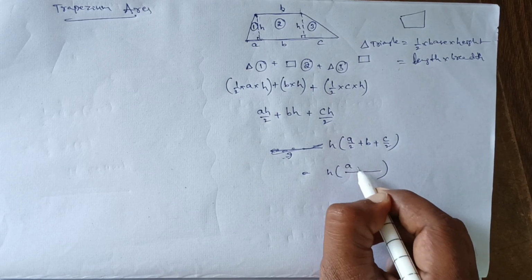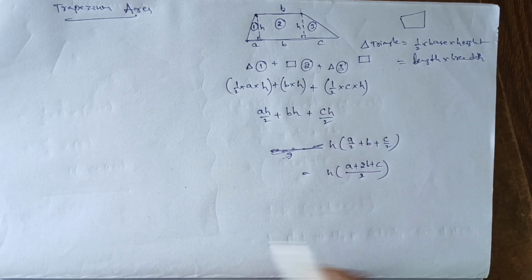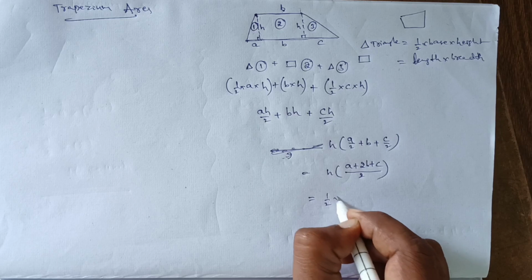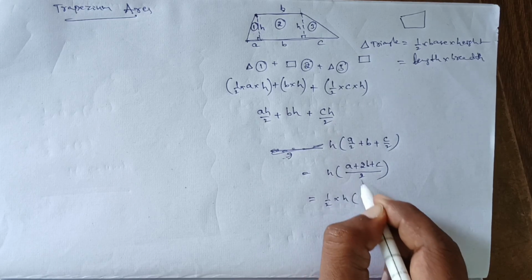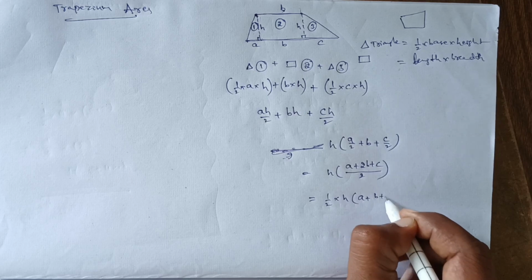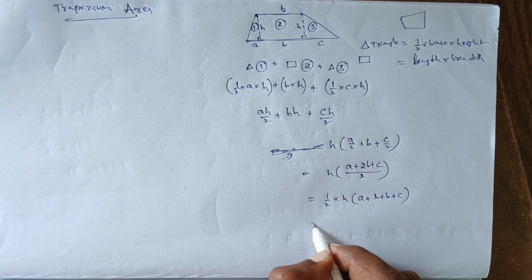So here a plus 2b plus c. I'm taking 2 also outside, so I'm writing 1 by 2 into h, into a plus, as it is, I'm writing 2b as b plus b, next c as it is.